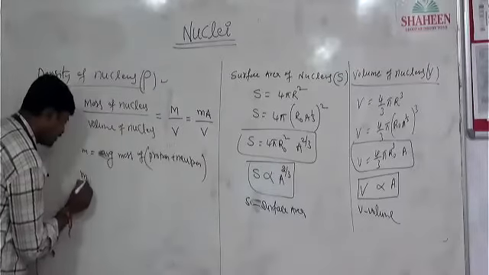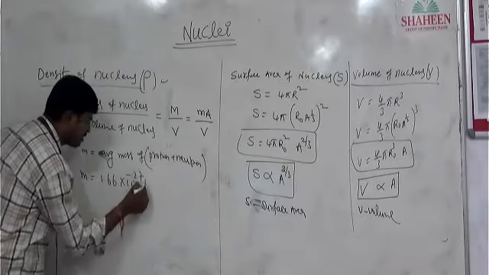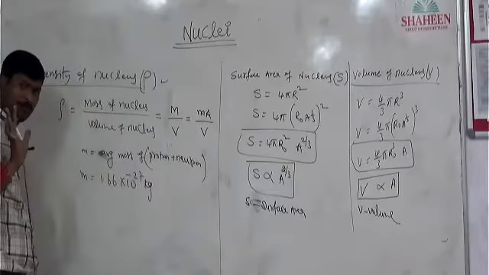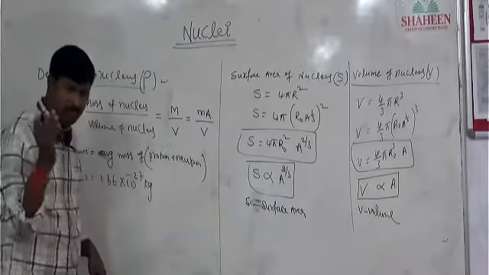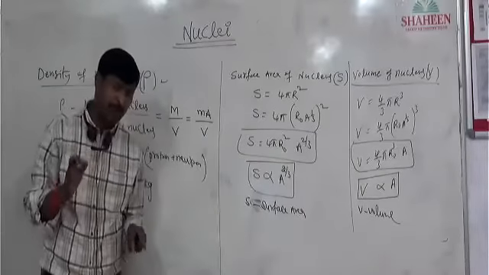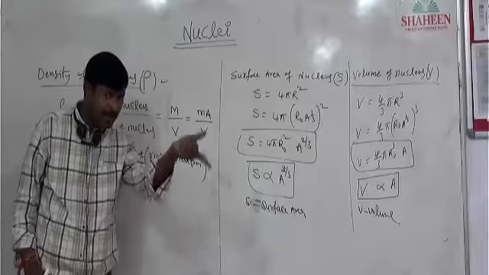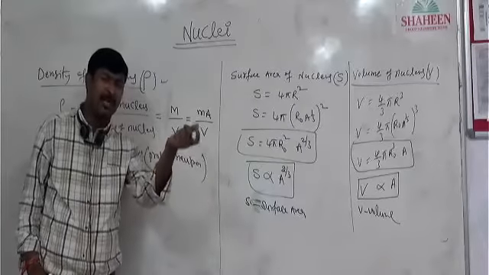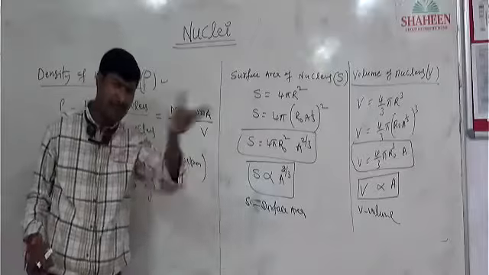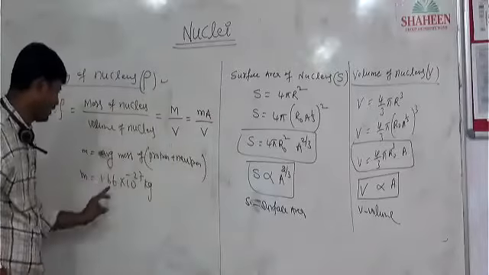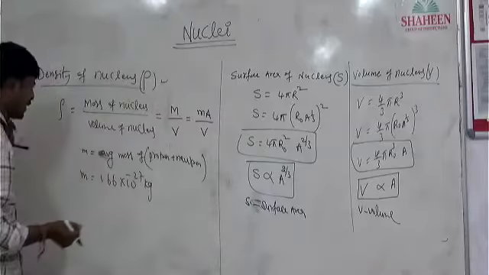This we get approximately as 1.66 into 10 to the power minus 27 kg, because proton mass we know is 1.67 into 10 to the power of minus 27 kg, and neutron mass is slightly greater, like 1.69 into 10 to the power of minus 27. So on average we take 1.66 into 10 to the power minus 27 kg. Okay, now look here.